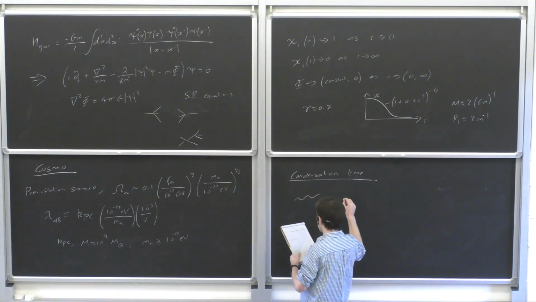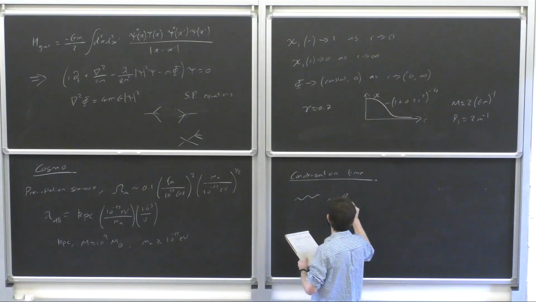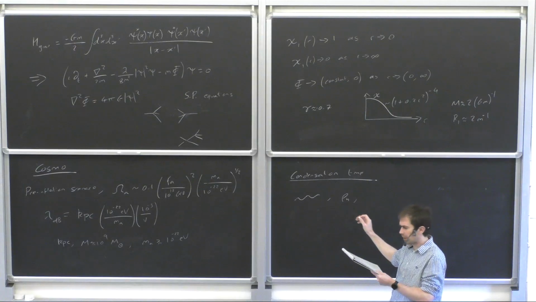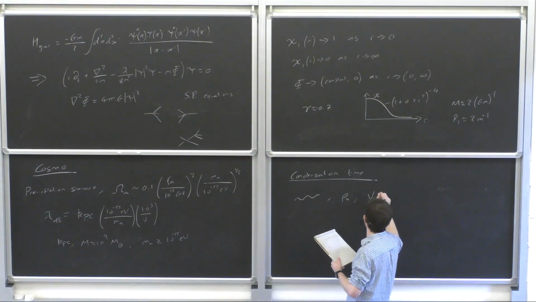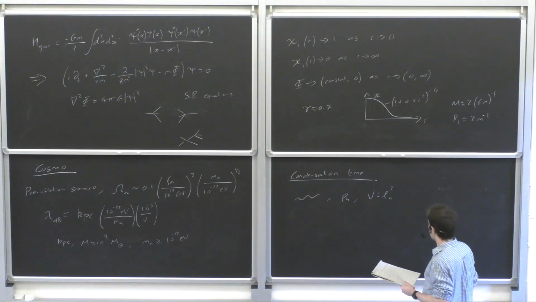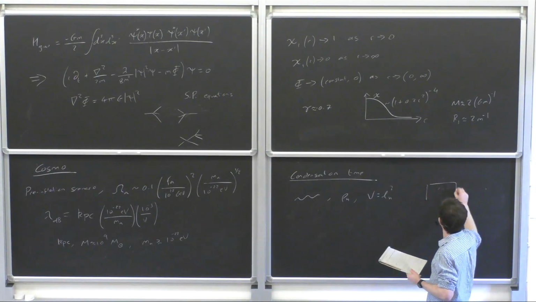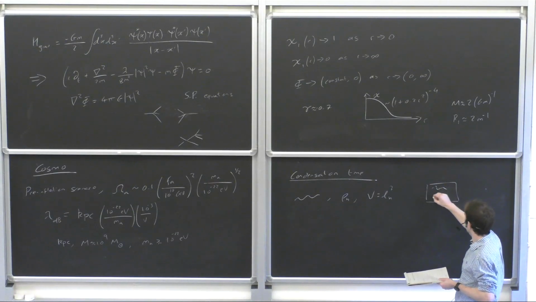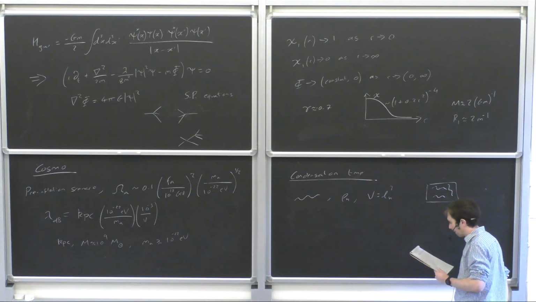Total energy density of the axions, let me call rho halo, and let me suppose that these axion waves are in some finite volume V, which is roughly L halo cubed. So this is supposed to represent my full galaxy as some finite size thing with my axion waves moving around.